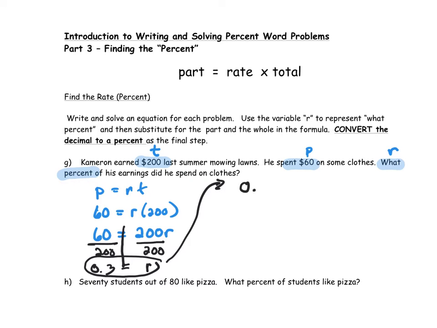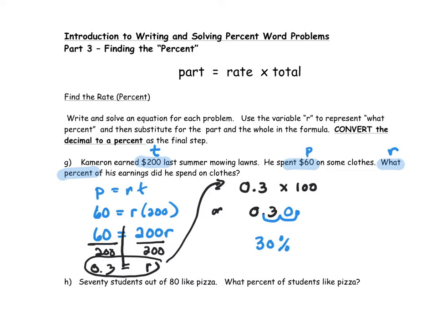We can take 0.3 times 100, or we can take 0.3 and scoop the decimal 2 places to the right. So 0.3 would now be 030 with the point at the end. Either way, our answer is 30, and then we attach the percent sign.